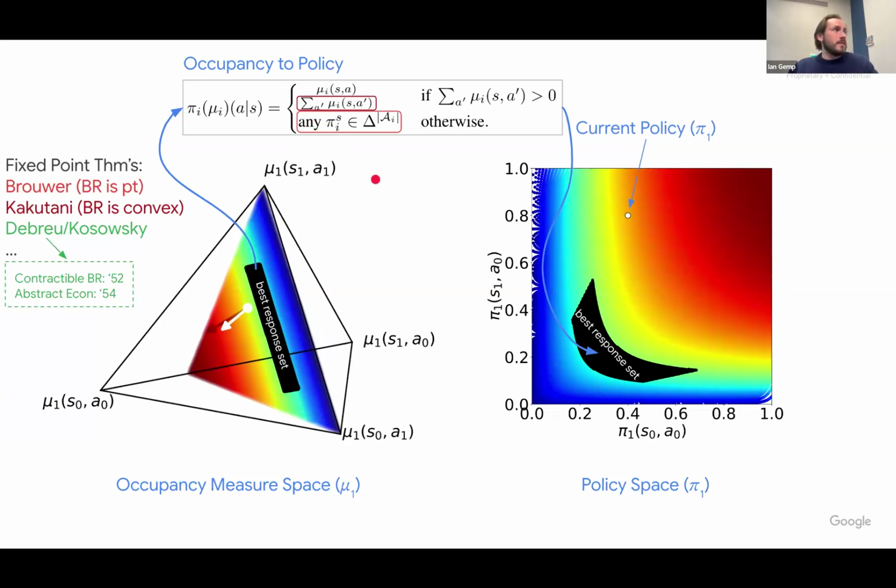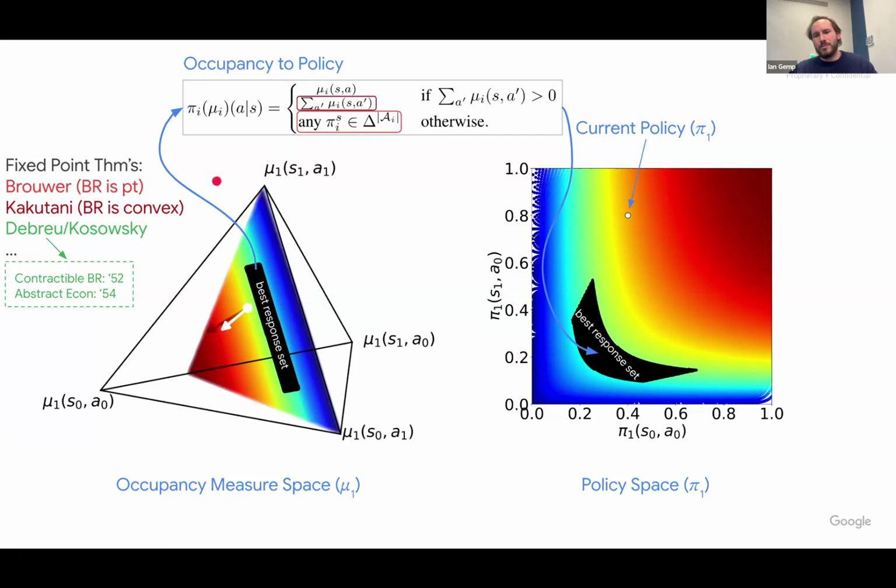So even if the utility functions weren't just concave, but strictly concave, that would mean that all our best response sets had unique best responses, so they would be singletons. But even if a best response is a singleton in this space, it doesn't necessarily map to a singleton in policy space, because if that singleton is on the boundary, it can map to an entire line in policy space.